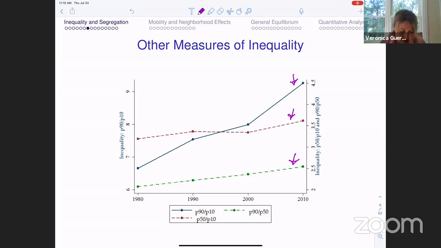If you look at the 50-10 ratio, there is no clear increasing pattern. There is actually some flat area and even some decreasing part. But both the blue and the green measures show an increase between 1980 and 2010. That is the one more at the top of the distribution, and this is what we are going to focus on.